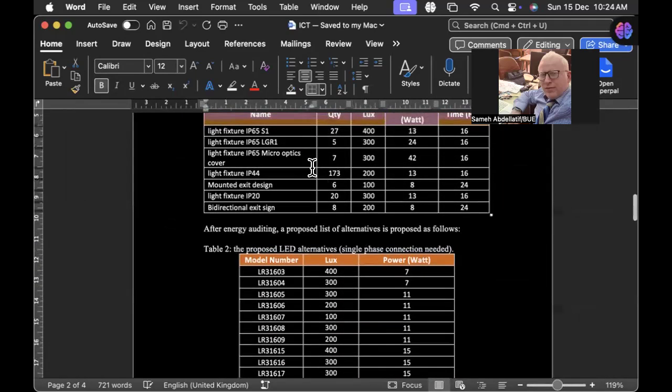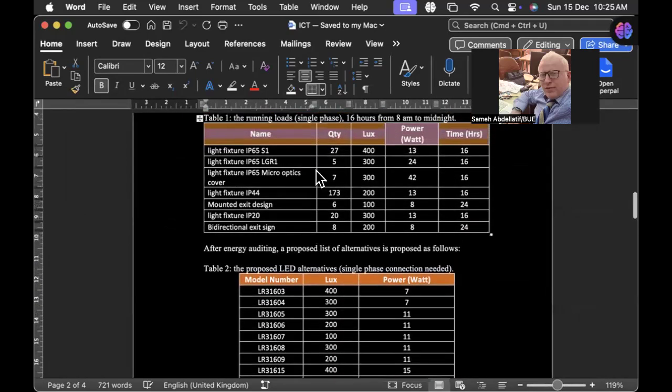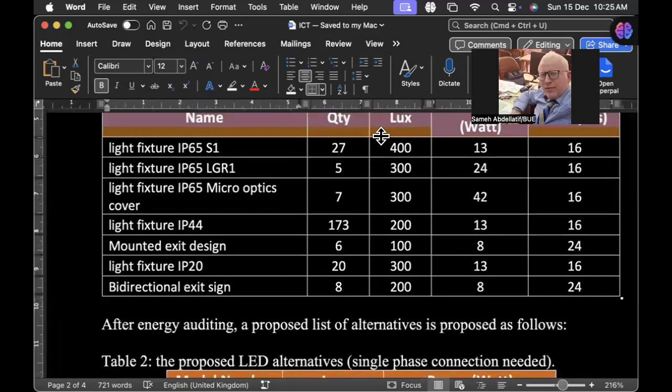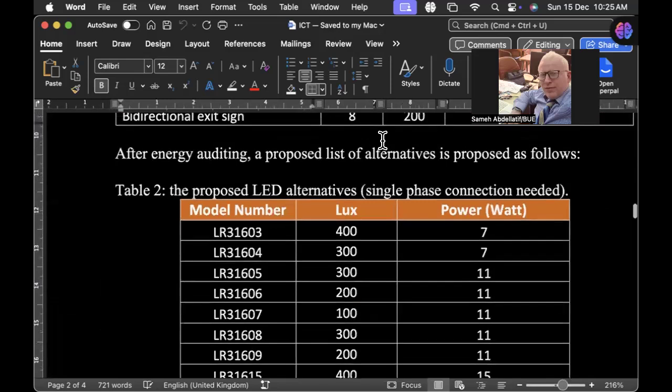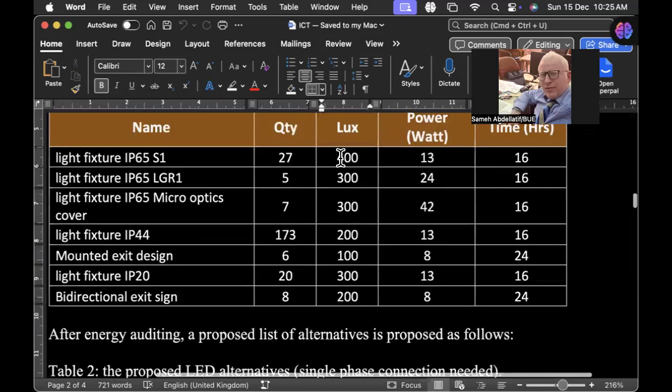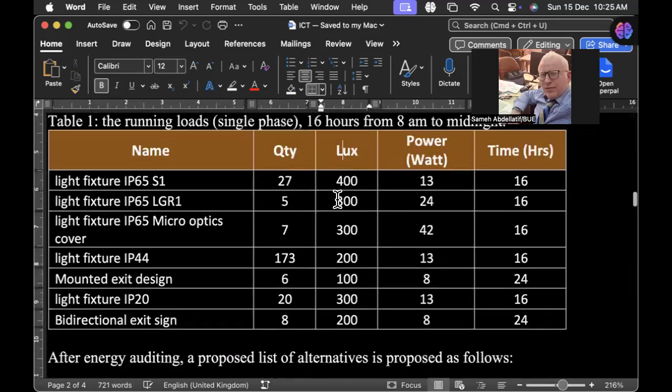So here, as you can see, we are going to suggest some sort of alternatives to this lighting source. What I mean by the word alternative is that I'm providing a source that can have the same illumination, the same light intensity, the same lux, but with lower wattage.